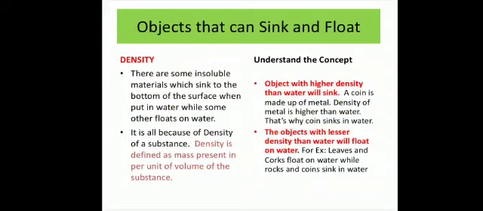A substance which is heavier than water is said to have higher density than water, whereas a substance which is lighter than water is said to have lower density than water. Okay? So all the materials can be classified into two groups on the basis of their density. First, materials which are heavier than water, meaning higher density. Second, the materials which are lighter than water, meaning lower density than water.